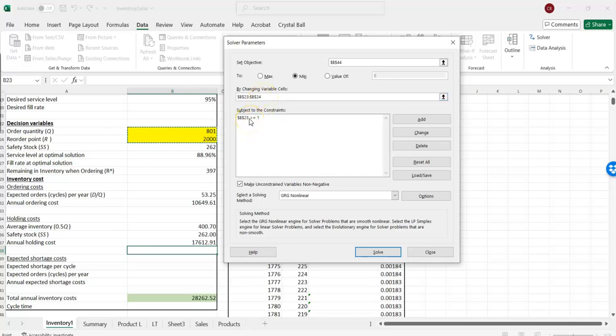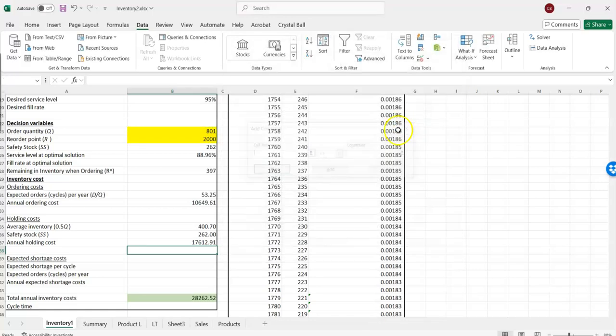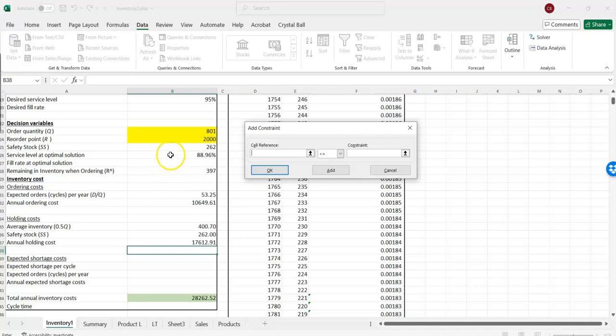We had a constraint in here that Q is greater than or equal to 1. We're also going to have a constraint that the service level is greater than or equal to the desired service level, which is 95%.